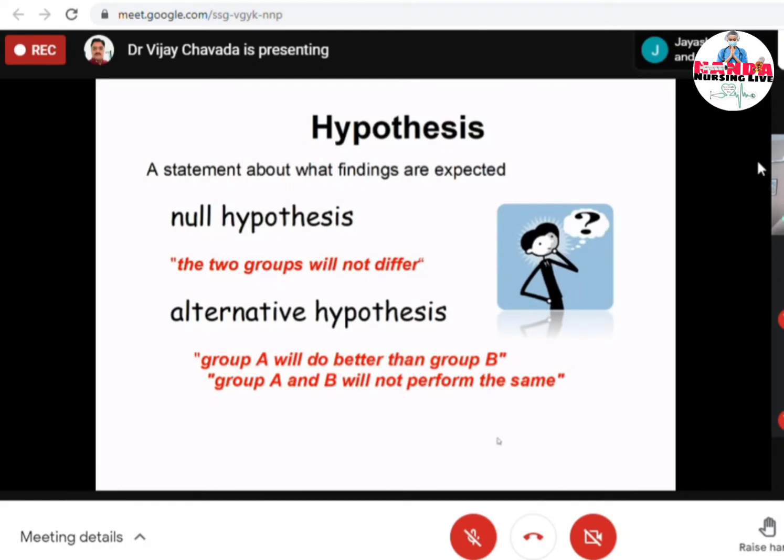The alternate hypothesis says group A will do better than group B, or group A will not perform the same as group B. I hope you understand what is meant by the null hypothesis and the alternate hypothesis.